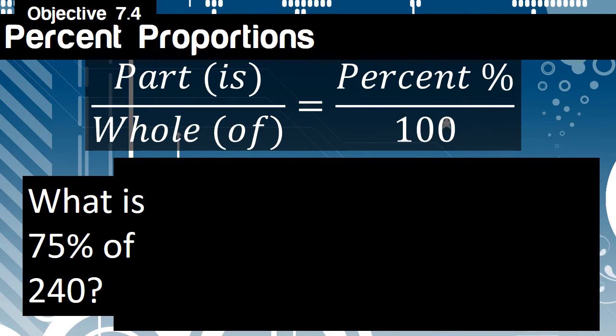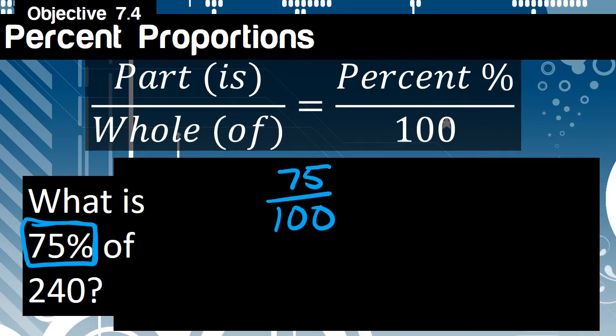So here's one that's very specific. We have: what is 75% of 240? Now let's identify some key information and set this up. Right here we're given our percent is 75%, so that's going to go in our numerator. We know this is out of 100, and this is going to equal, and then we have this next part.